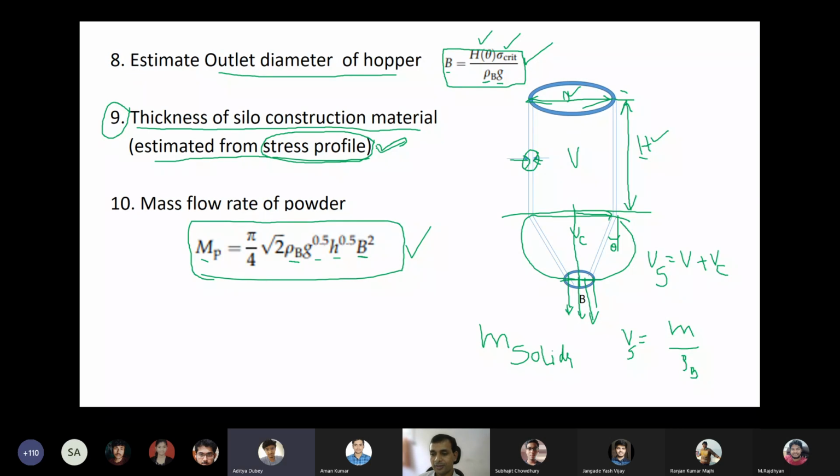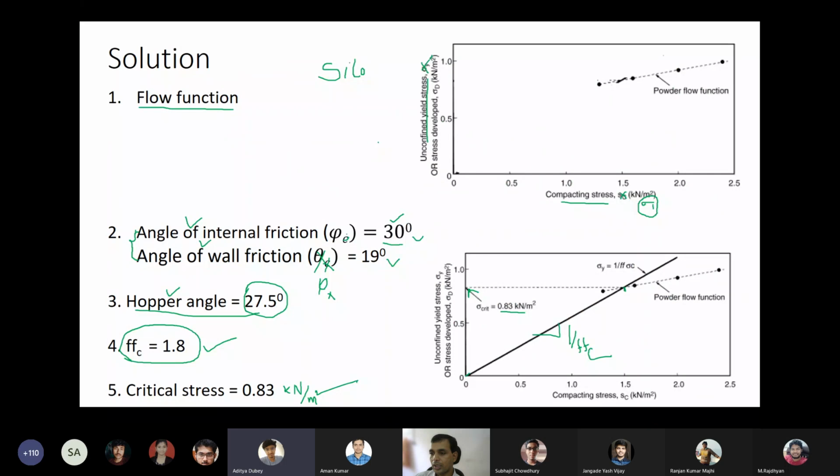Sir, can you just once again explain why we didn't calculate FFC using the formula sigma 1 by sigma c? Right. So we have only the flow function. If this flow function is for various sigma 1, we have various sigma c values. Now we wanted to find out the sigma value that is applicable to the silo conditions we are interested in.